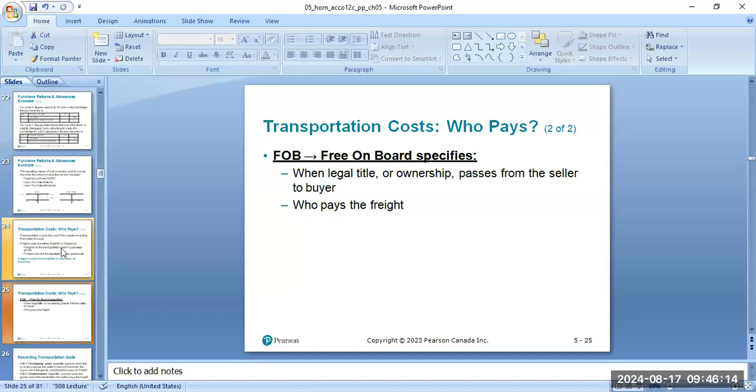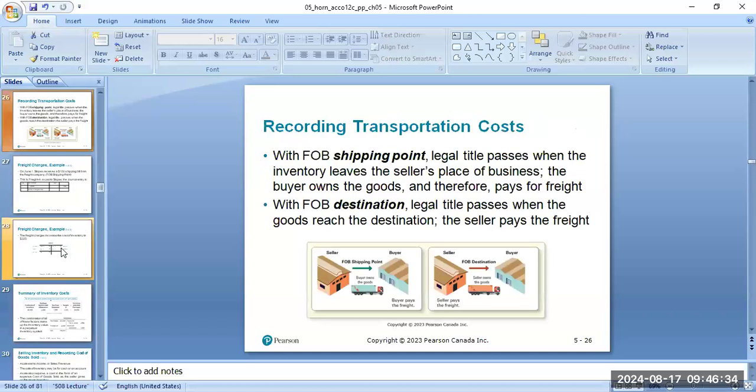And that specifies when the legal rights pass from the seller to the buyer. And that determines who has to pay for the freight. So now we have two events: free on board shipping point and free on board destination.